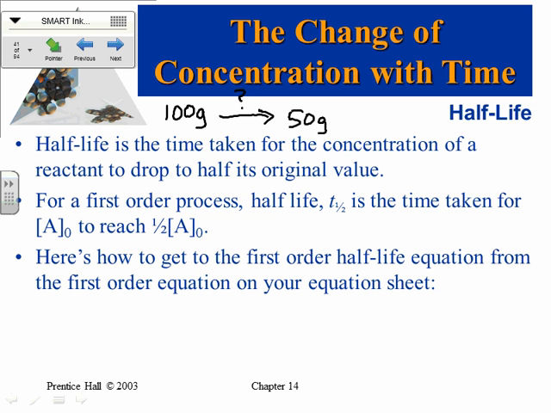If you have a concentration in a solution of 2 molar, how long does it take to drop to 1 molar? So basically it's the time for half of the original reactant to be converted into a product, so that the concentration of the reactant has dropped to half its original value.